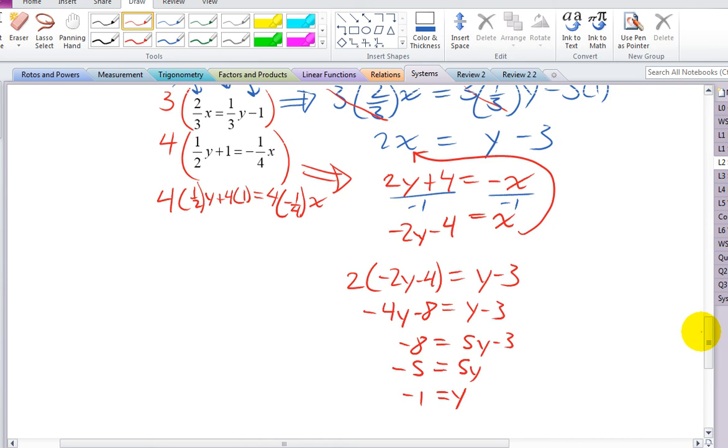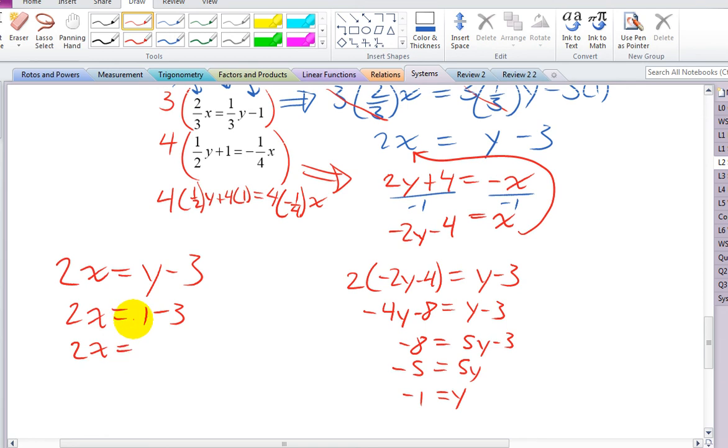Okay, so I get -1 equals y. Hands up if you got that. Okay. Now find your x value. Okay. So I'm going to substitute into the top one, just because I feel like it. So 2x equals 1 minus 3.